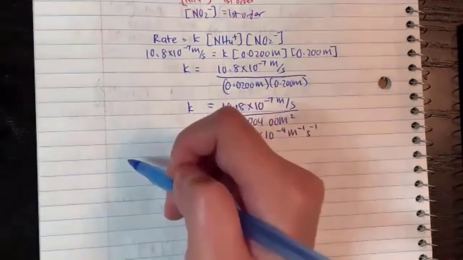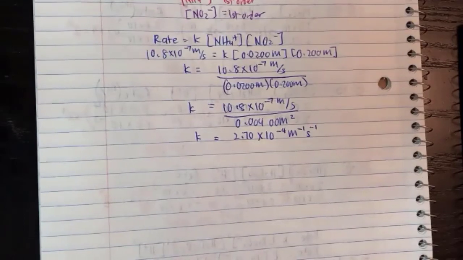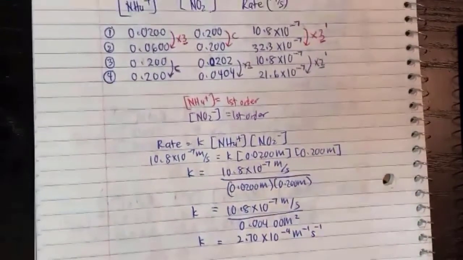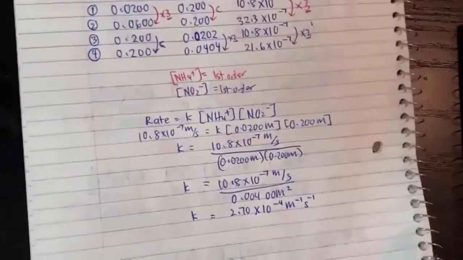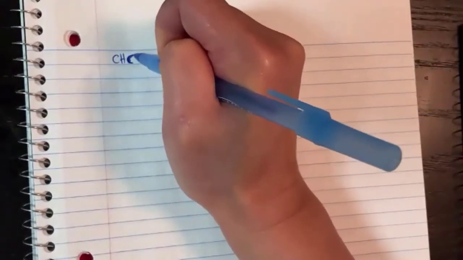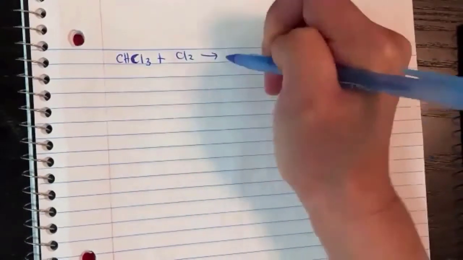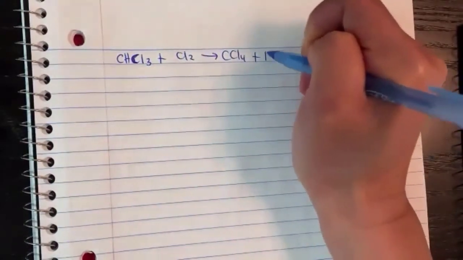I'm gonna write a new question out on the bottom here. Do we have space? I'm gonna go ahead and use another page here. I'm gonna turn the page, okay? Let's try it right here. So it's CHCl3 plus Cl2 goes to CCl4 plus HCl.